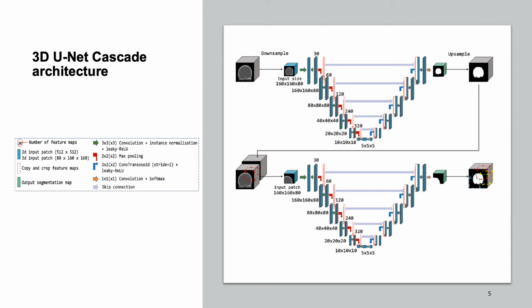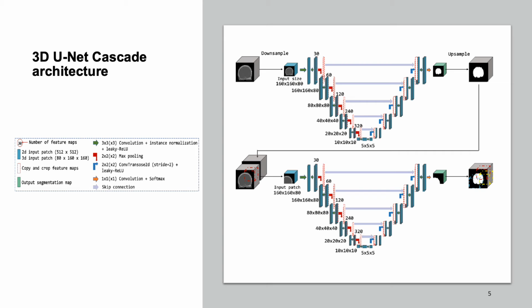We used a slightly adapted version of the 3D cascade nnU-Net network architecture on our in-house dataset, which comprised 90 post-surgical subjects. Due to memory restrictions, the large volumes of the CT images are first downsampled to 160 times 160 times 80 voxels, and first a 3D low-resolution U-Net is employed, followed by a full high-resolution 3D U-Net on smaller image patches.